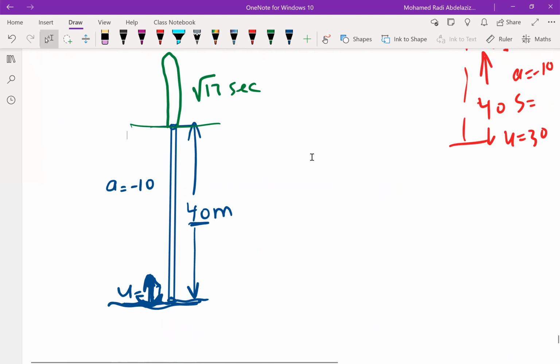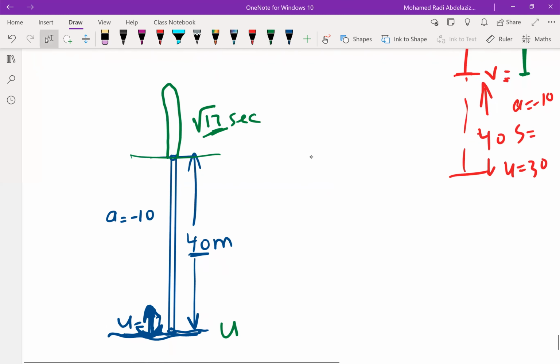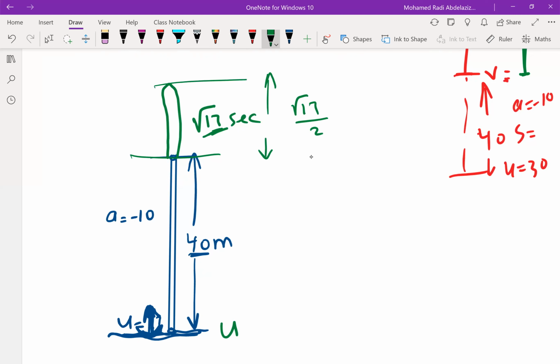We are asked to get the initial velocity. So you can take this time divided by 2. So the time taken to move in this part only will be 17 divided by 2. The final velocity here is 0.